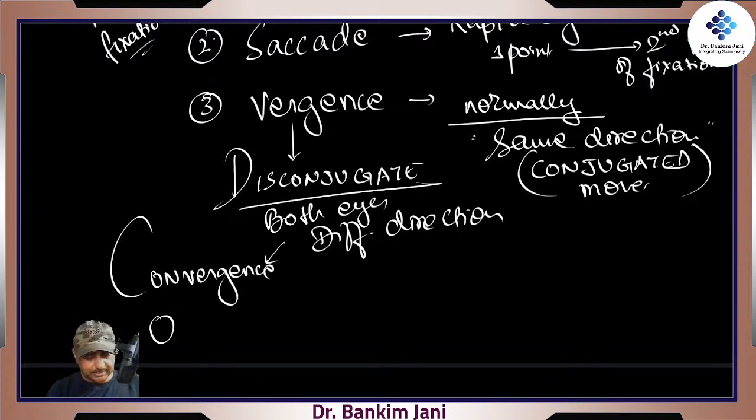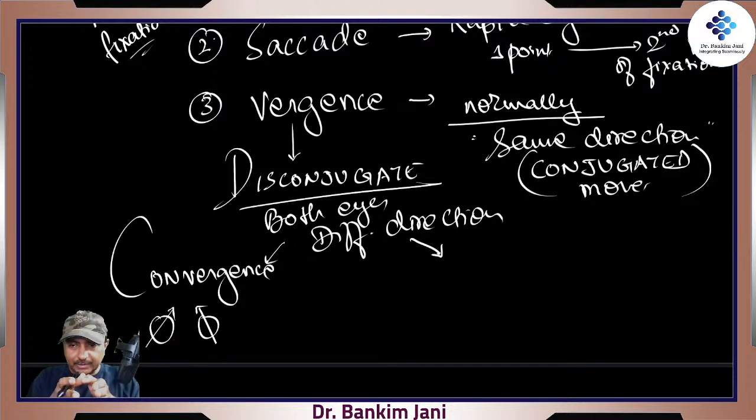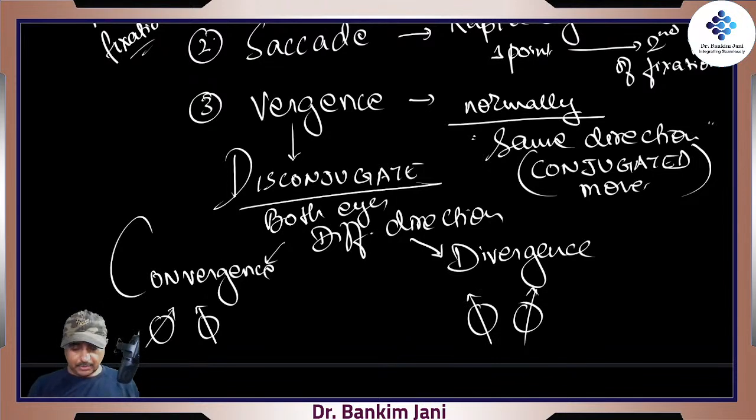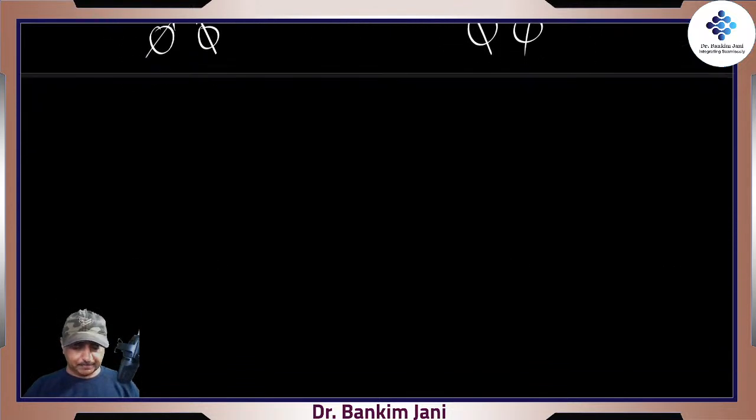So the eyeballs will be looking like this. This is convergence. And when you watch at a distance, they will be like divergence. So that is vergence: convergence and divergence.